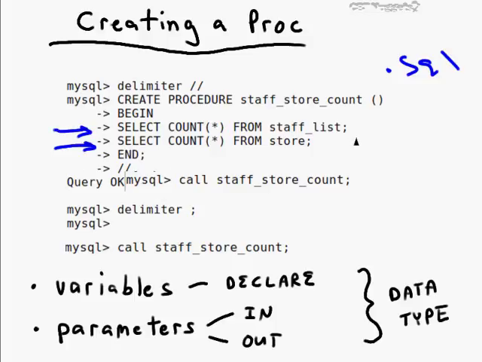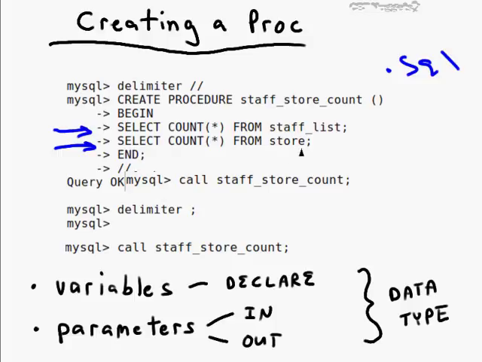Remember that each statement, each transaction statement in MySQL, needs to be terminated by a semicolon by default. So this procedure named staff store count is going to select a count of all rows from a staff list table and also a row count from a store table. That's what's going on in this particular stored procedure.